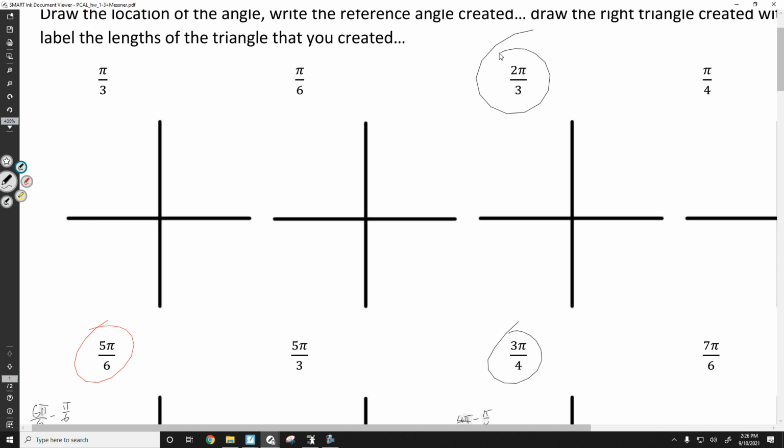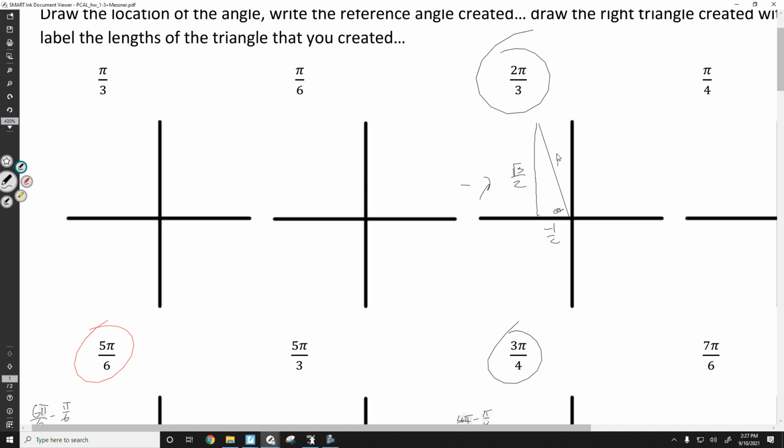Okay. 2 pi over 3. Second quadrant. 1 pi over 3 less than 3 pi over 3. 60-degree reference angle, right? My tall, oriented 30, 60, 90 triangle. Cool? Longer side, shorter side. Hypotenuse 1.